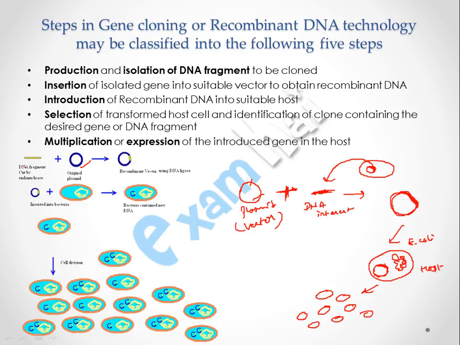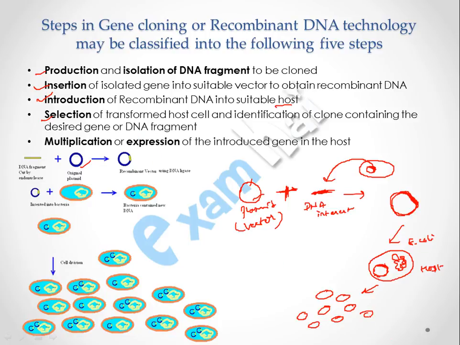Up to this we have discussed, first of all, production and isolation of the DNA fragment, insertion of the isolated gene, and introduction of recombinant DNA into a suitable host. So this is a host and we have introduced it. Now the selection procedure of the transformed host cell and identification of the clone containing the desired gene or DNA fragment.